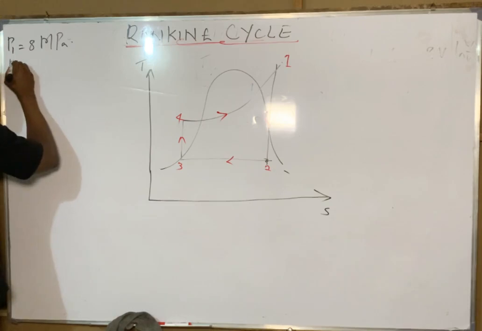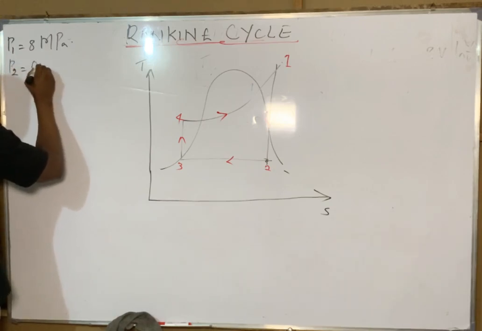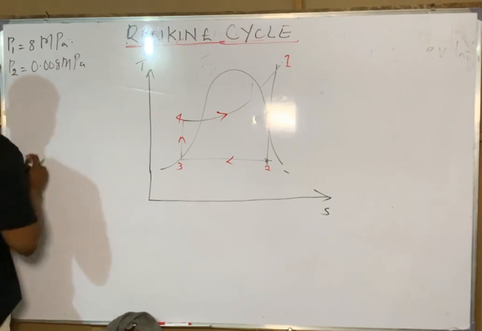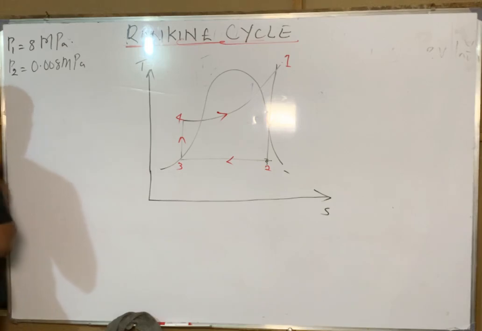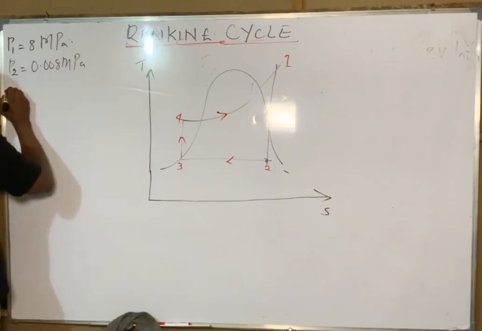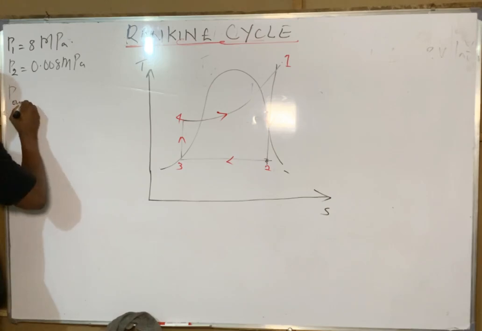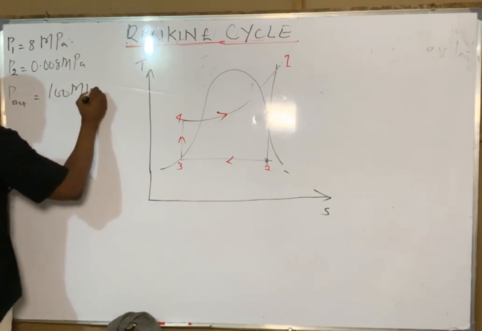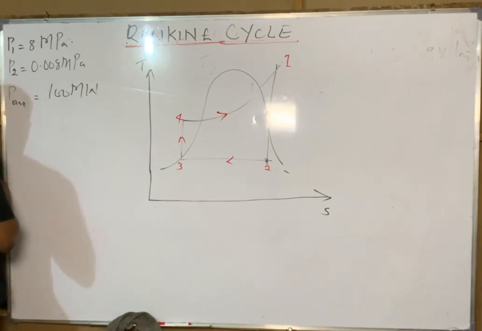So P2 equals 0.008 megapascal. Now they said the net power output of the cycle is 100 megawatts. So power output P out equals 100 megawatts. So the first question is to find the cycle efficiency.